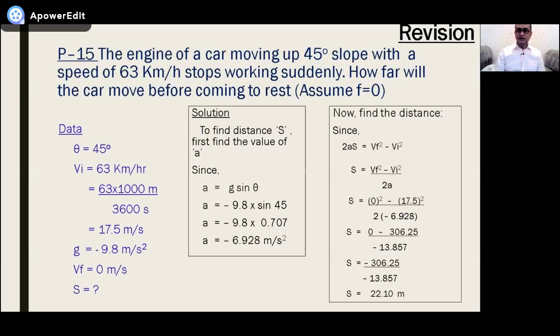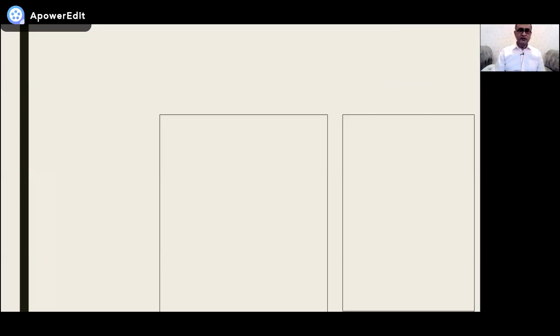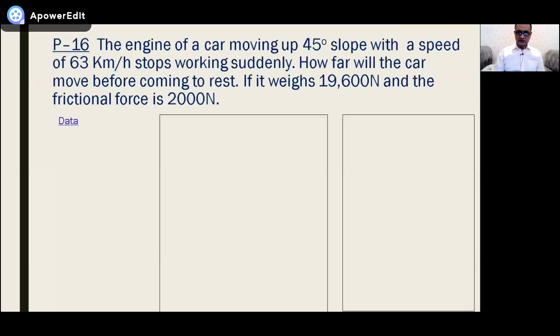See the question: how far will the car move before coming to rest, if it weighs 19,600 Newton and the frictional force is 2,000 Newton? So it means here we can't suppose that the frictional force is 0. All right.